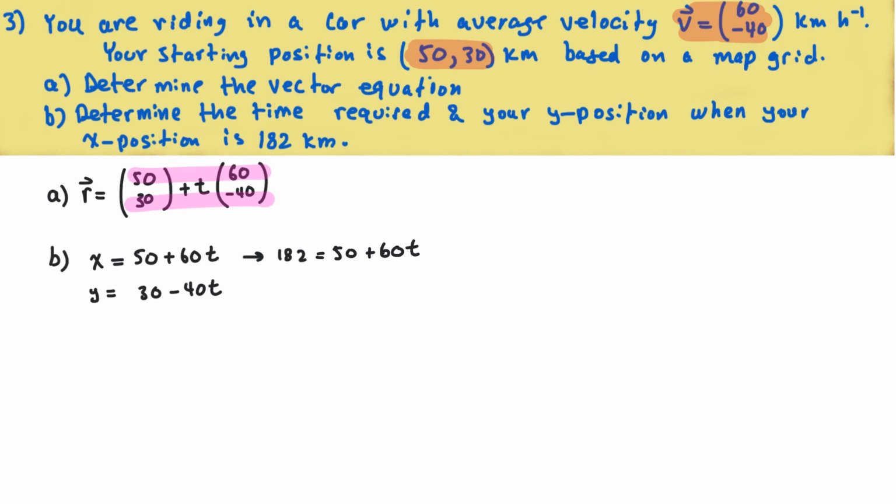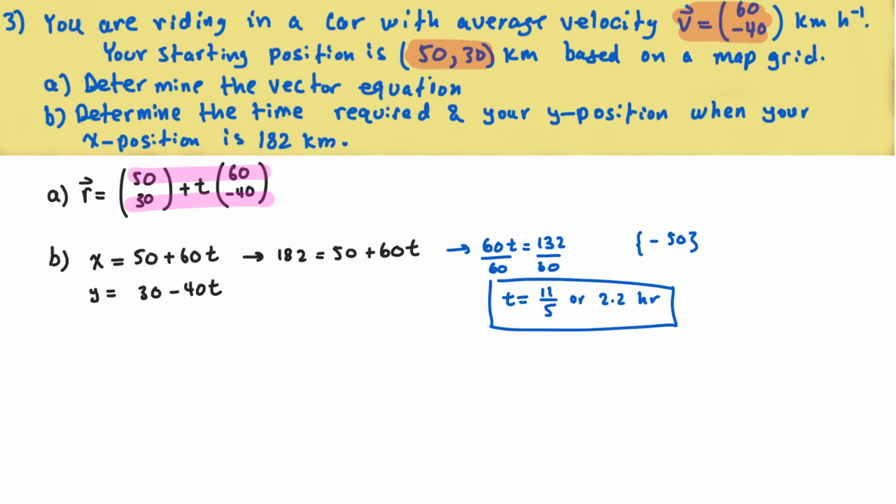We subtract 50 from both sides, and we get 60t is equal to 132. Then we divide both sides by 60, and we get t is equal to 11 over 5, or 2.2 hours. And that is one of our answers.